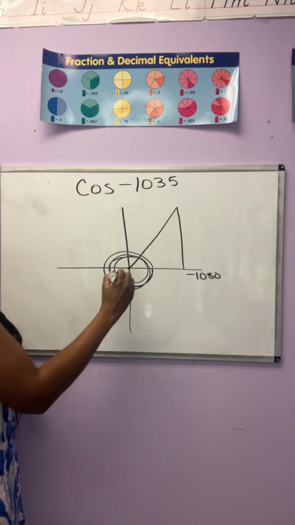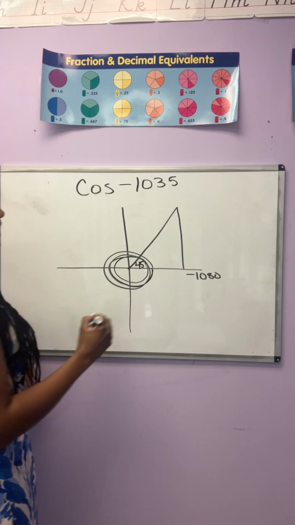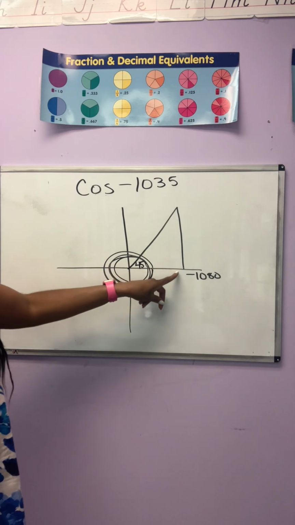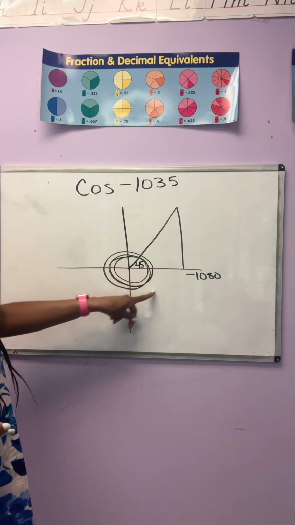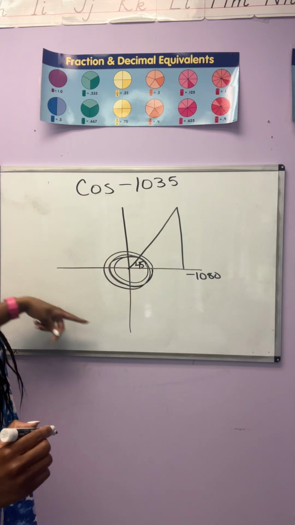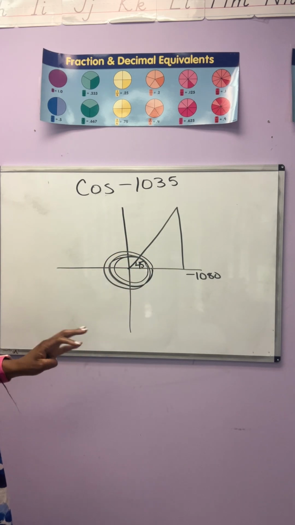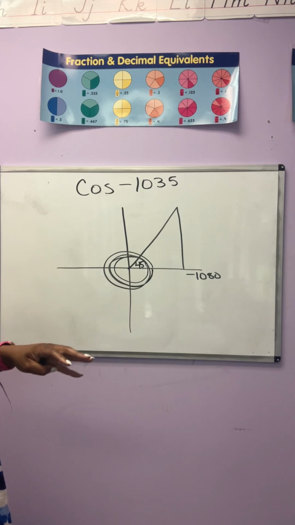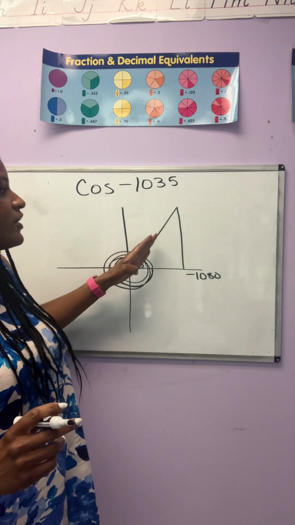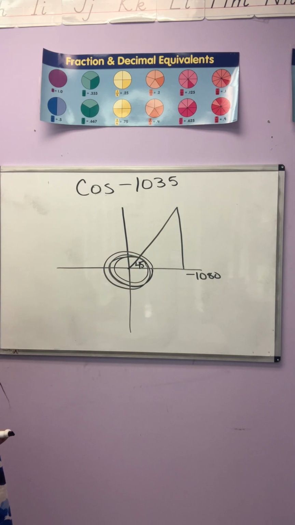So I hope that made sense to you, because we're going clockwise. So you have -360, -720, -1080 if you went the full circle, but we needed to stop at -1035, so a little bit before. So that would be -1035.